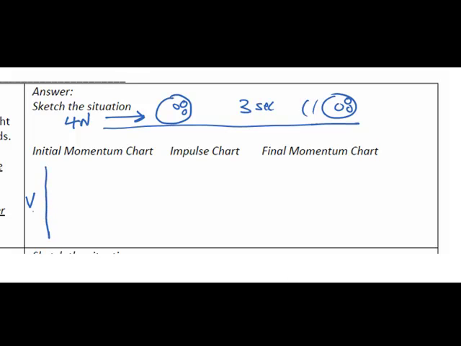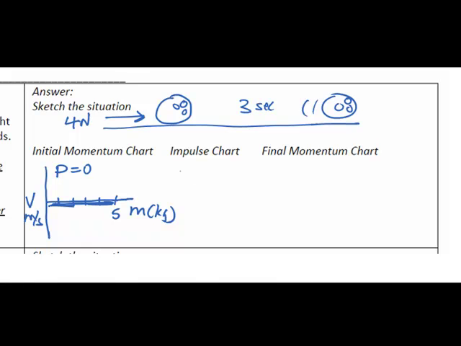We have velocity and mass. Remember that momentum is inertia in motion, and in this case our initial velocity is 0. You can see that from rest. So I'll just trace this out: 1, 2, 3, 4, 5 kilograms. Well, it has no height to it. So our initial momentum is equal to 0.